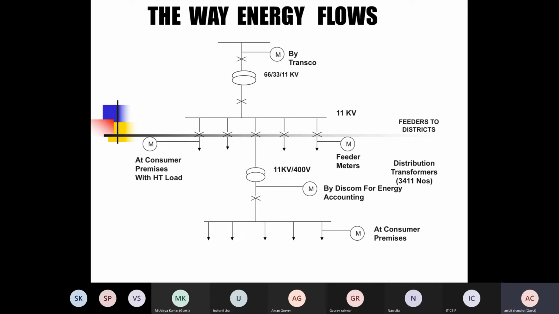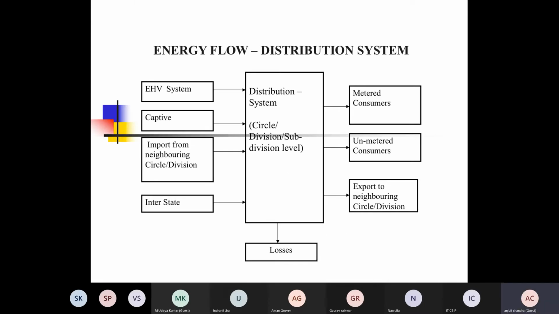So in this process, from the generator bus bar, from the switchyard, it goes to the transmission, to the distribution, to the consumer, and certain loss takes place, and that is known as T&D loss.